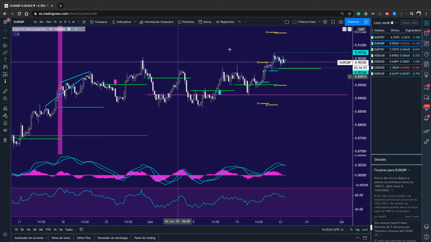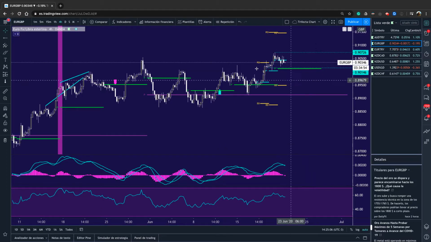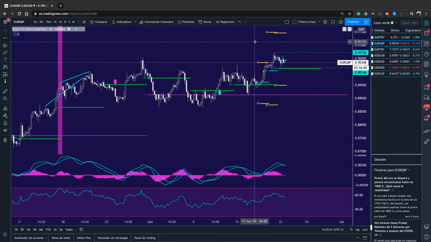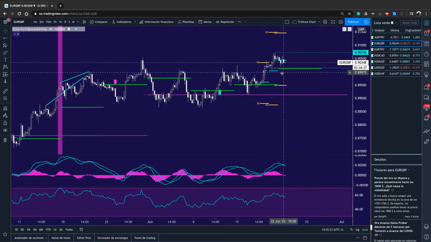In the euro against the pound, last week we placed this support level here, and we were expecting a break of this level, and the break never happens, so we can just disregard this trade because I think it's not going to happen.